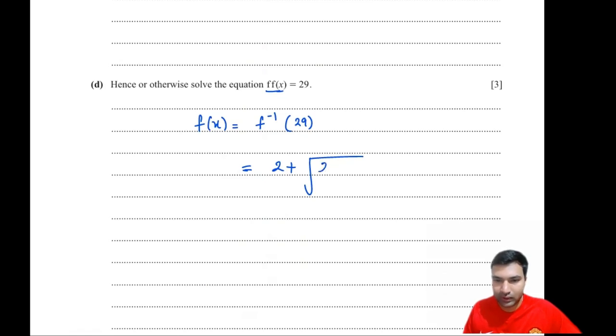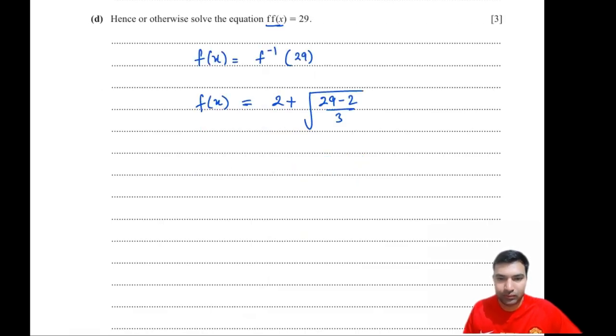So x is 29: 2 plus the square root of (29 minus 2) over 3. So that's your f of x, equal to 2 plus the square root of 27 over 3, which is 9. So 2 plus the square root of 9, which is positive 3. So we get 5. So f of x we got as 5.